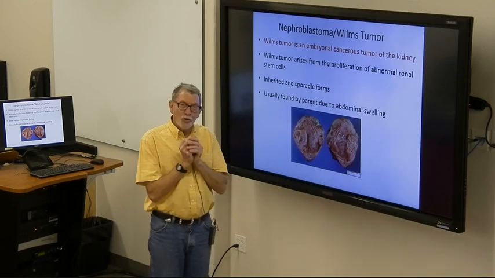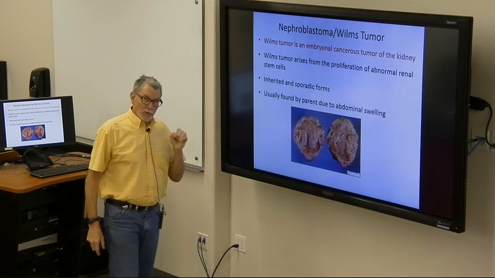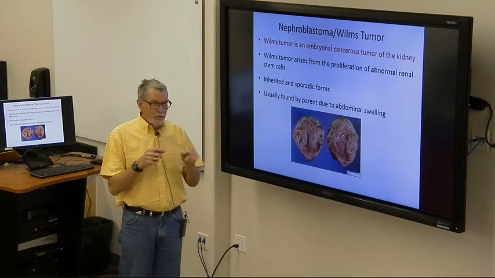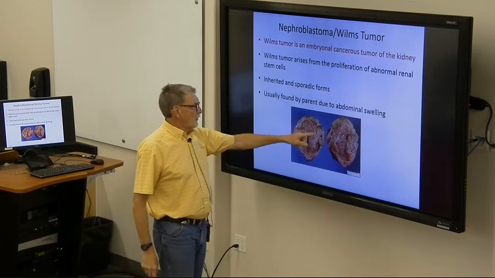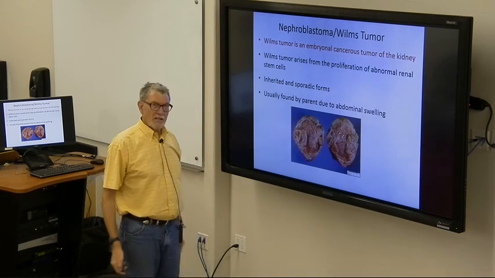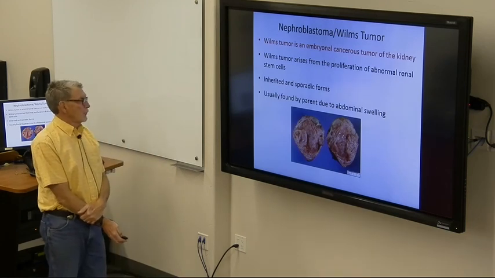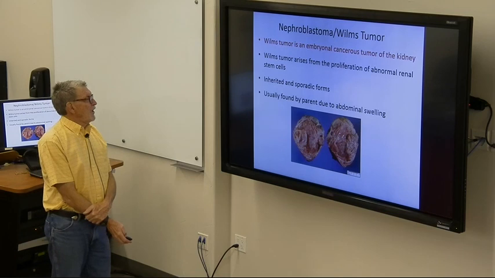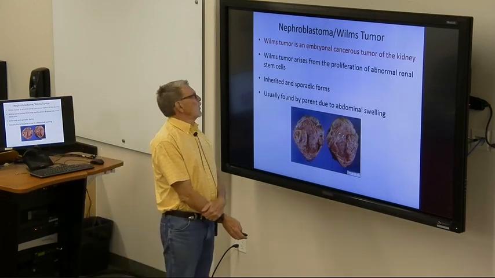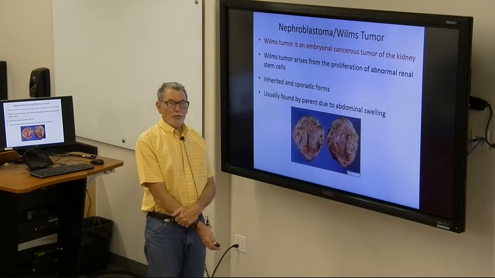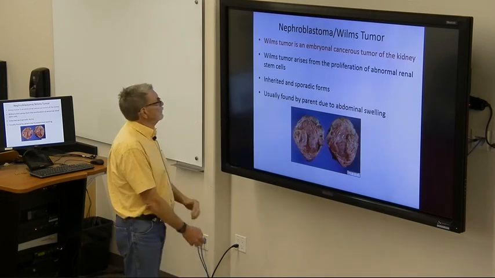They're having to create tissues from scratch, and they proliferate very quickly, and they differentiate, and in this case become cancerous and cause the kidney to enlarge. Nephroblastoma. Remember, we have a retinoblastoma. It's a cancer of the retina.